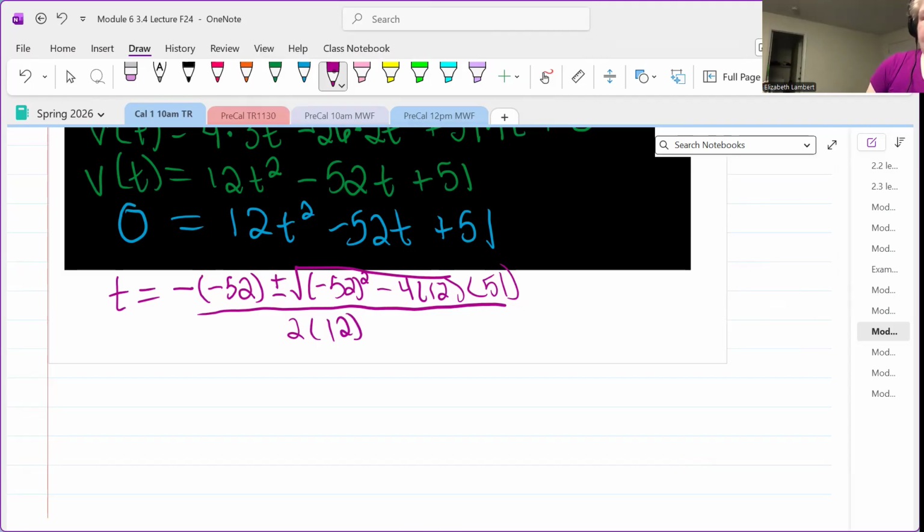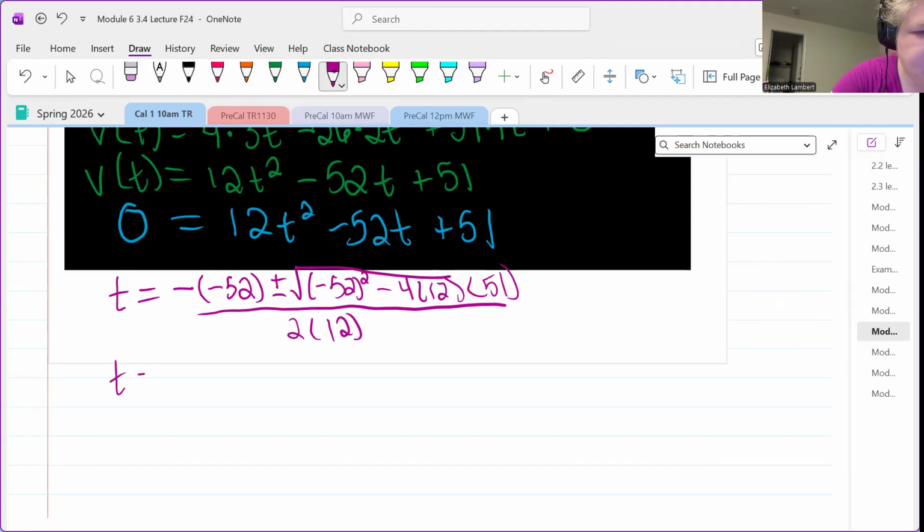All right, so handy dandy calculator time. I got no clue what 52 squared is. I don't want to know, except I'm about to know because I'm typing it in the calculator. 52 squared is apparently 2,704. Now we're going to minus 4 times 12 times 51. Hey, 256, that's actually a nice number.